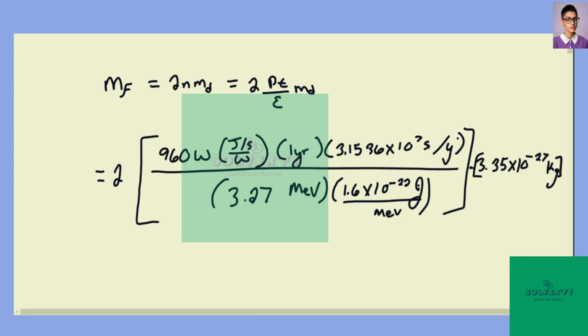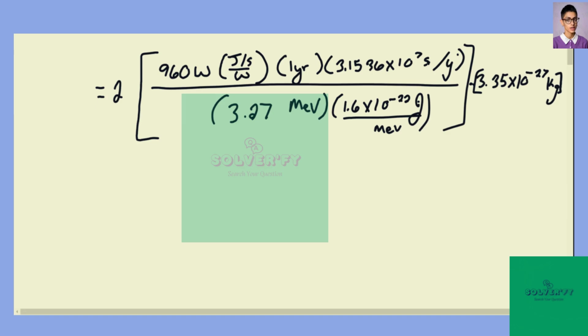Now we're going to put everything into our calculator. But before we do that, let's do the units for you guys. So we have years taken off, watts taken off, and MeV taken off.